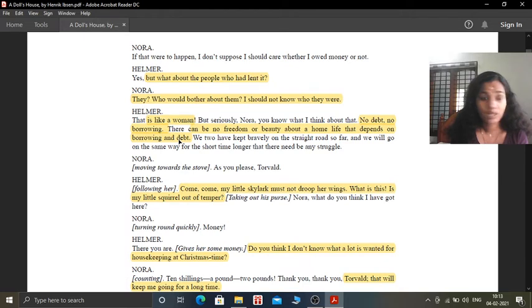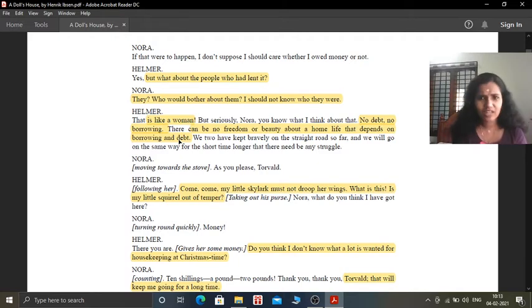Nora, turning around quickly, asked, money? So he gave her something, and that is money. Nora: Oh my God, it's money. You're giving me money. Helmer said, yes, here you are. Do you think I don't know how much wonderful housekeeping is needed at Christmas time? Yes, it is money. I know that this is Christmas Eve and there are a lot of expenses that you have to meet.